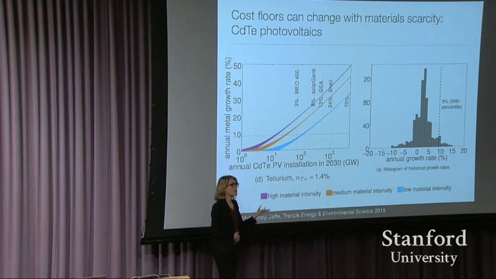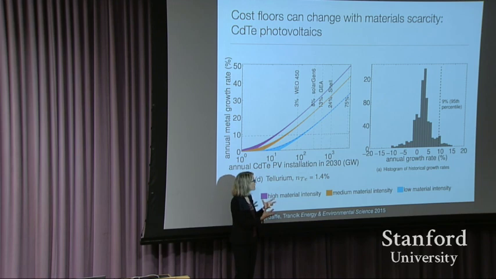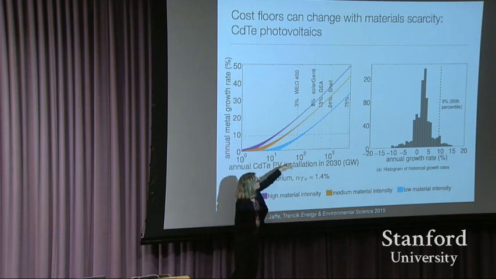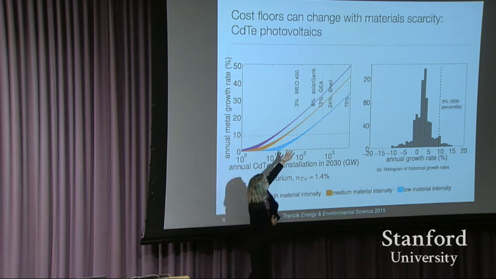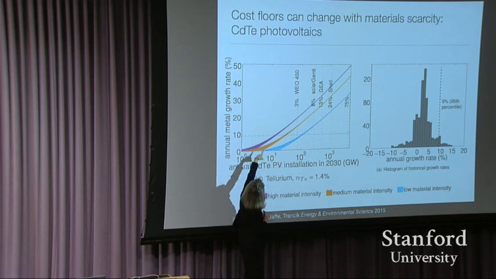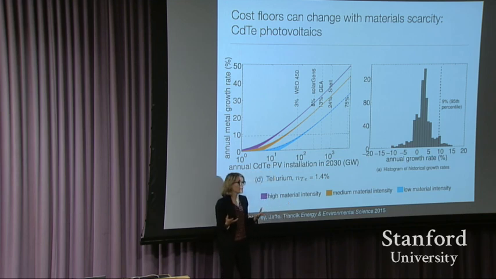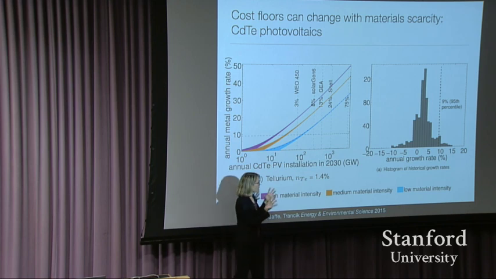So what is the growth rate in the production of these input materials that would be implied? And what you can see here is that even for relatively small installation levels of cadmium telluride in 2030, for example meeting 3% of estimated electricity demand in 2030, you're already up at about a 20% annual growth rate in production of tellurium. This is kind of a red flag.